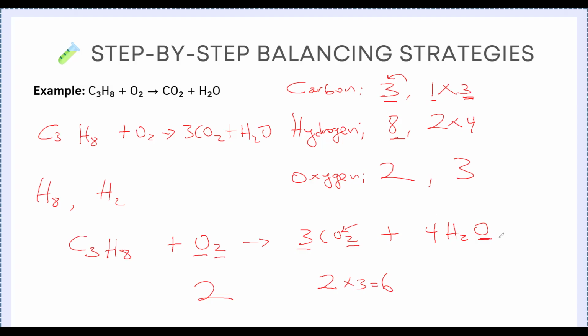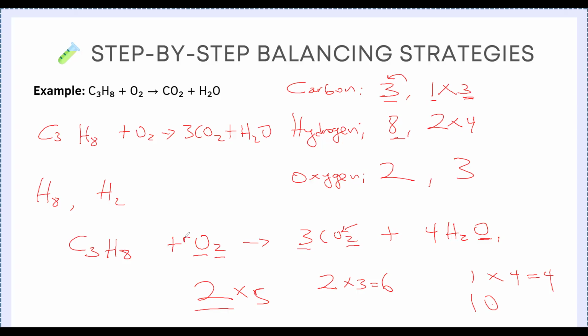And it has a subscript of just 1 and a coefficient of 4. That's 4 atoms. So altogether, on the right-hand side, we have 6 plus 4, which gives us 10 atoms of oxygen on the right-hand side. So now I have 2 on the left and 10 on the right. It means that on the left-hand side, I would have to multiply by 5 or introduce a coefficient of 5 to make oxygen balanced or equal on both sides.